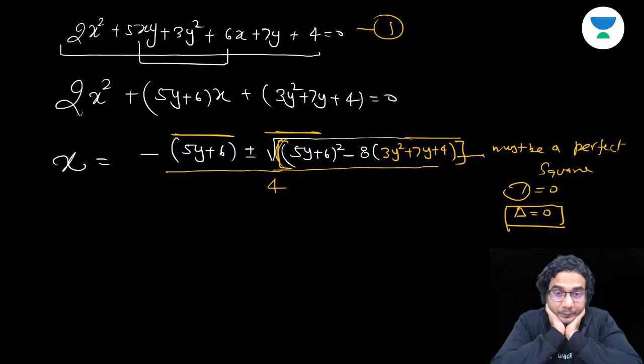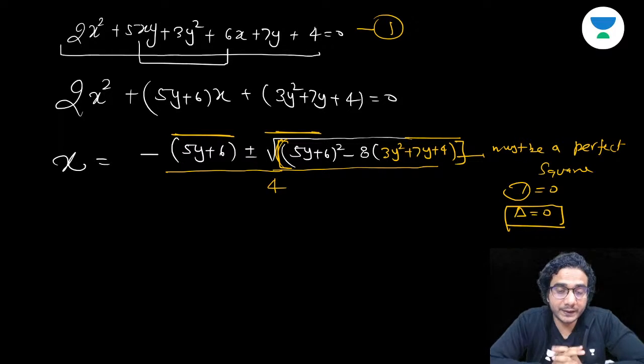So the proof of delta equal to 0, which I was supposed to explain later, is actually this. When you separate the lines using this method, it will become x is equal to minus of a linear expression of y plus minus under root of a quadratic expression of y, and that quadratic expression must be a perfect square.